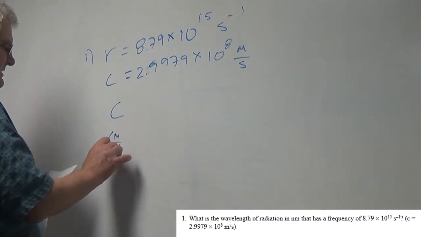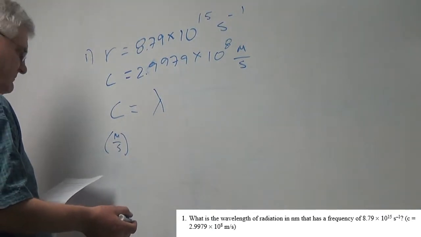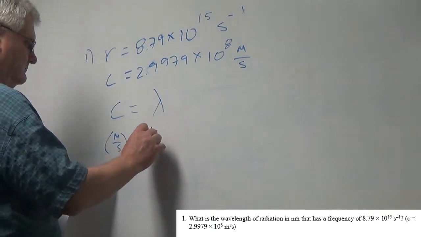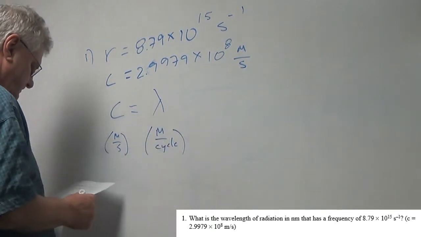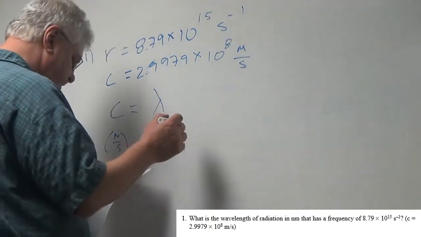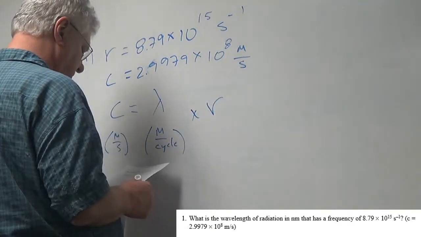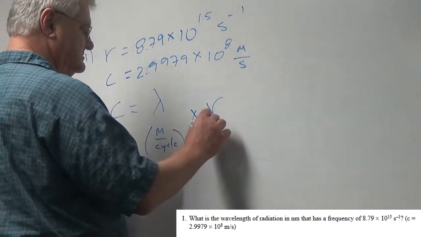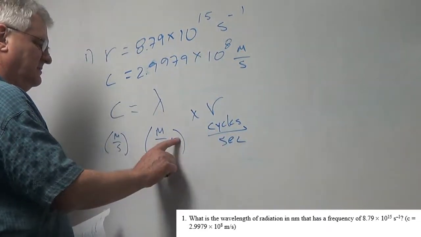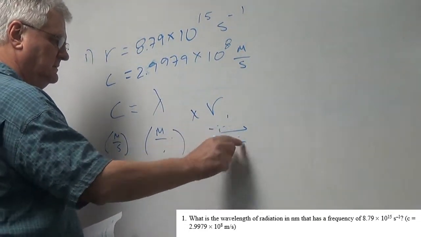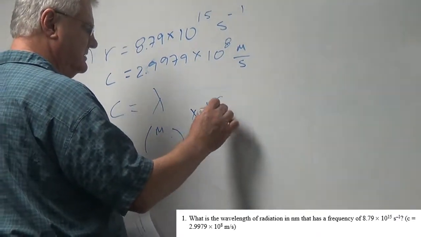in meters per second is equal to lambda, the wavelength, in meters per cycle, or just meters, times nu, the frequency, and this is in cycles per second, except again, a lot of times we don't even worry about the cycles, in which case this would be meters and this would be seconds to the -1.